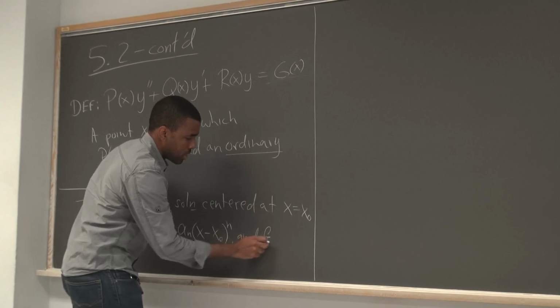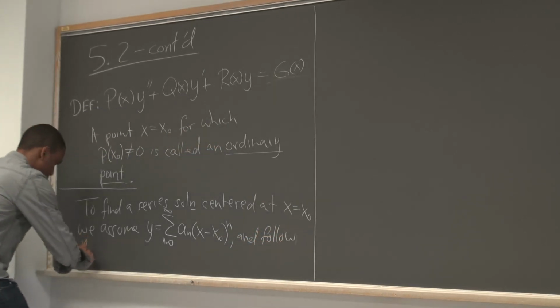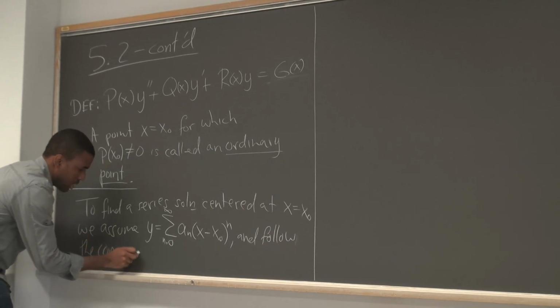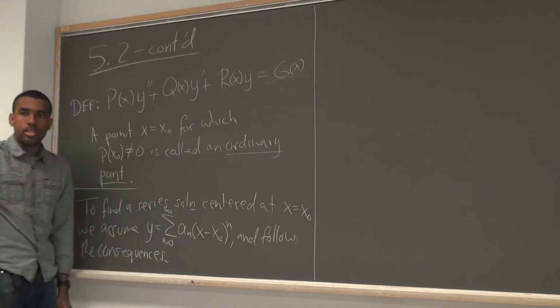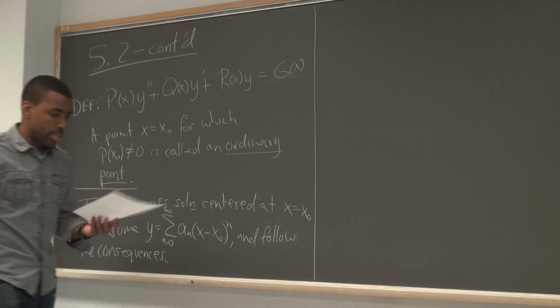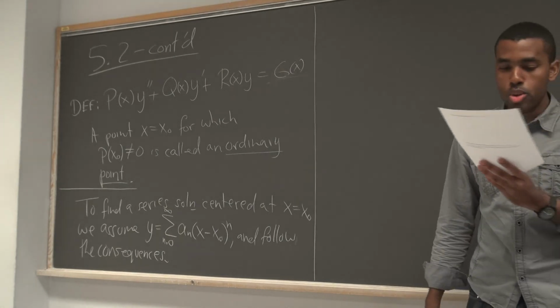And basically we follow the consequences. You find the derivatives, you plug this into the differential equation, and the point of doing that was to find the coefficients a n so we could figure out what the power series was.